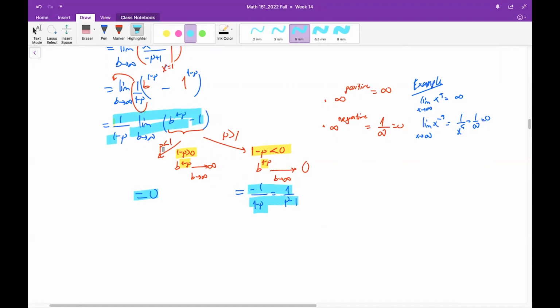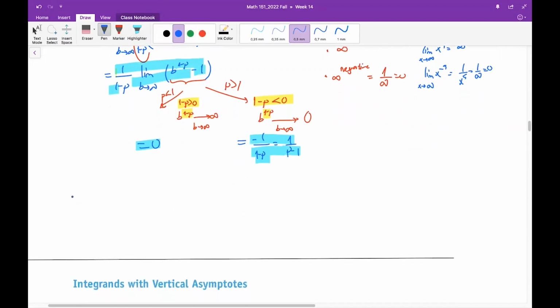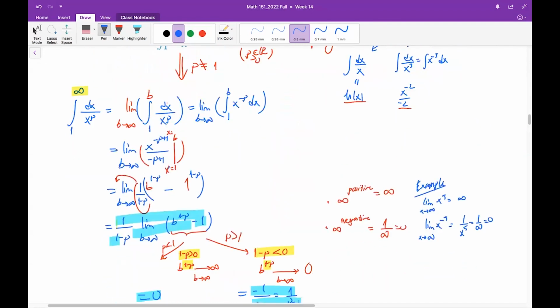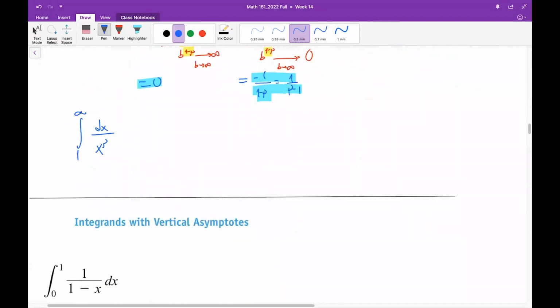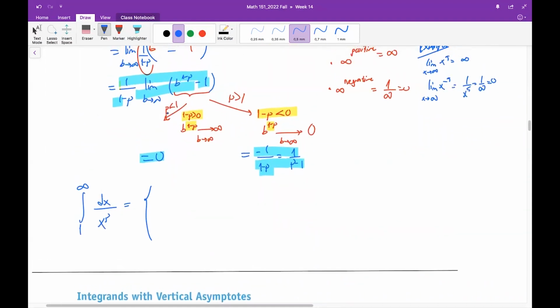Okay, then what we obtain can be written like that. We were searching for the result of this integral, which is an improper integral of type 1. So depending on the values of p, we obtain different results, right?